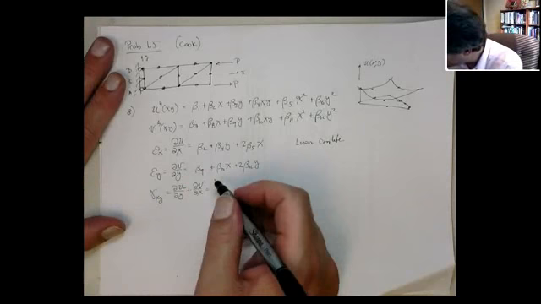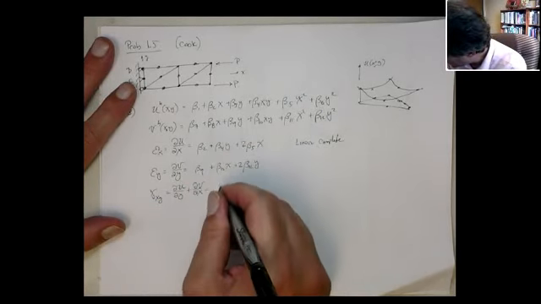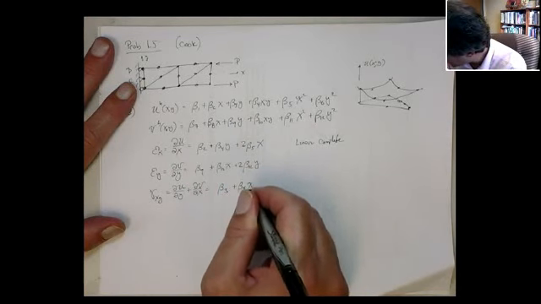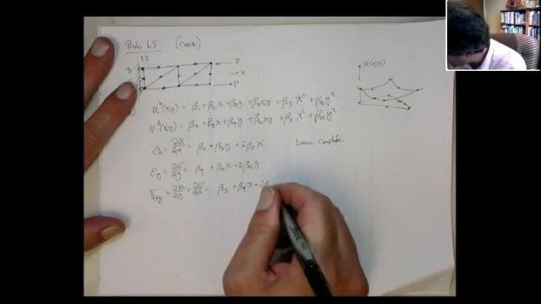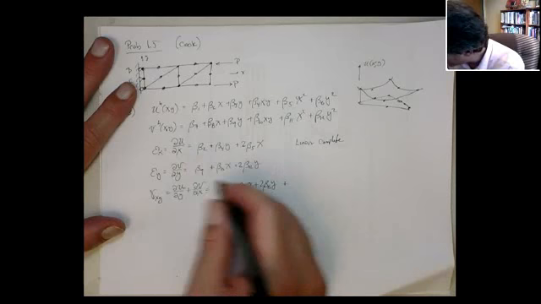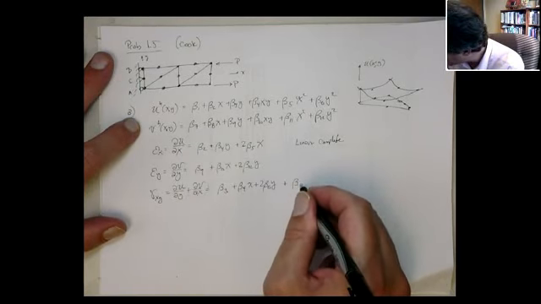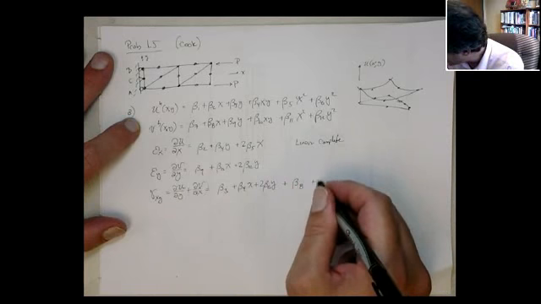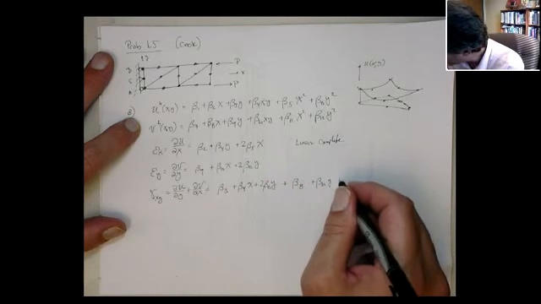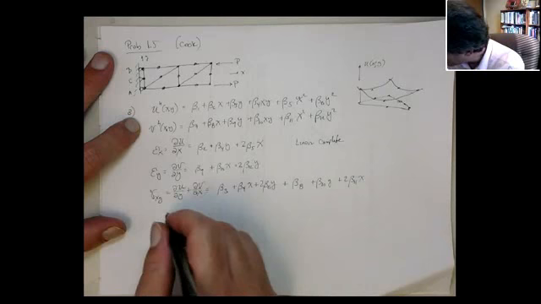And so the first term gives me beta 3 plus beta 4 times x plus 2 beta 6 y. And then the second term gives me plus beta 8 plus beta 10 y plus 2 beta 11 x.